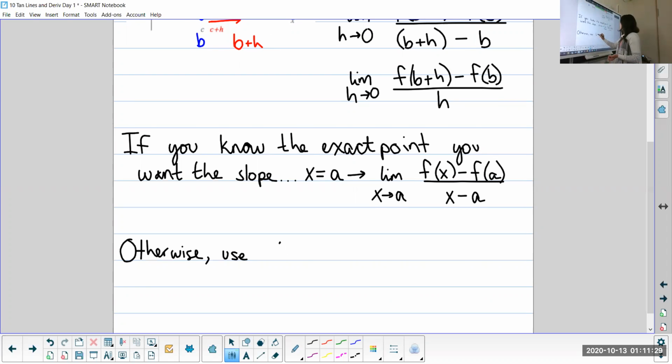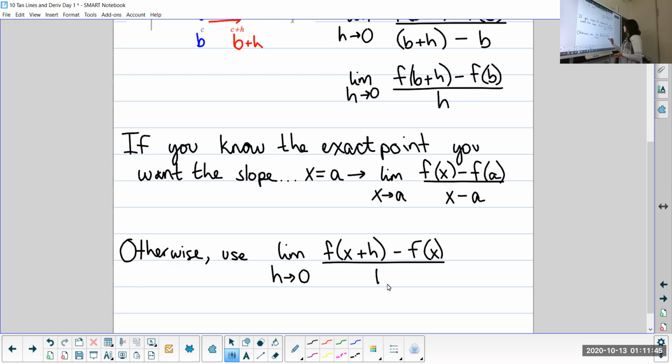The limit as h, so some generic distance, approaching 0 of f of x plus h minus f of x all over h. There are your 2 limit definitions of the slope. We are going to be using them interchangeably in the next several slides. Make sure you've written these down because we're going to come back to them. And I'm going to pause it here.